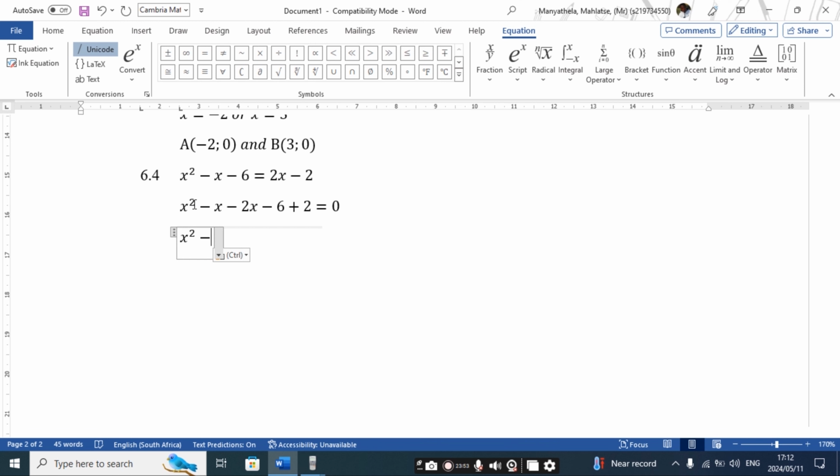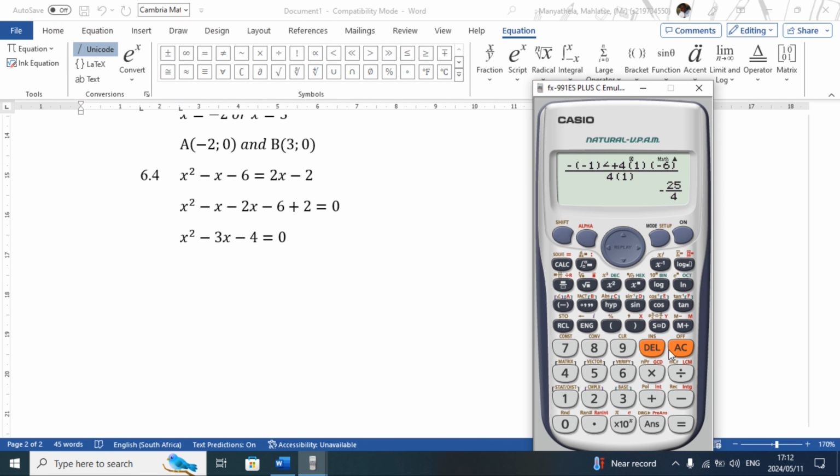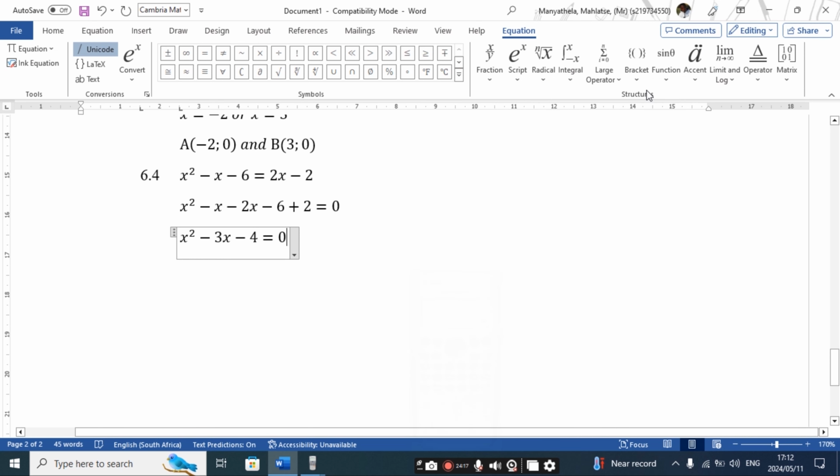So we have x squared, minus 1 minus 2 will give us minus 3x. Minus 6 plus 2 will give us minus 4, if I'm not mistaken, equal to 0. Okay, let's just confirm it. So we are on the right track. Minus 6 plus 2.